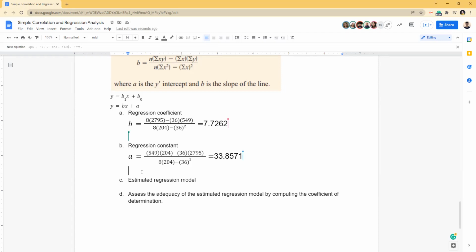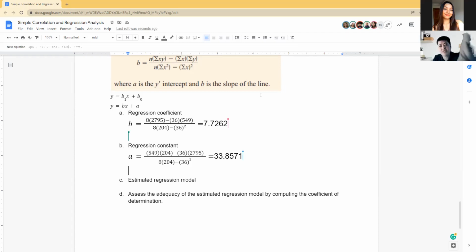So this is actually the predicted value of your y. Your y is your final exam grade when your independent variable is 0. So ibig sabihin nun, kung hindi ka nag-aral or hindi ka nag-spend ng at least 1 hour, if you didn't study, and you're part of this population, then you are expected to have a score of 33.